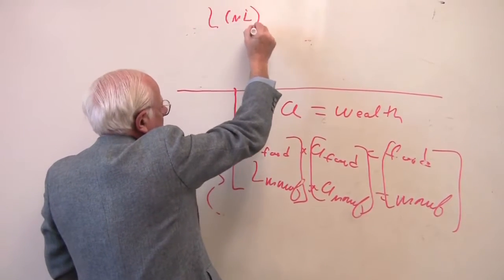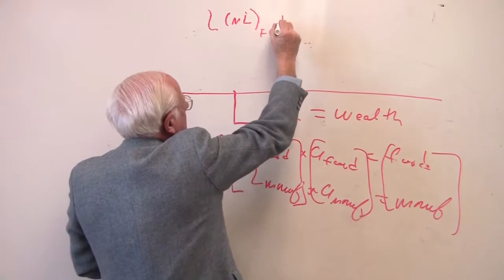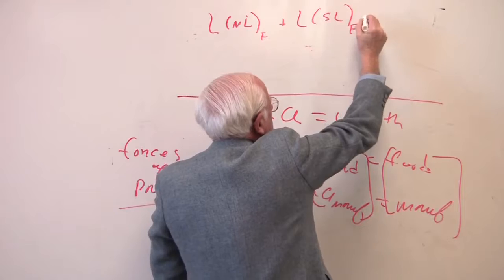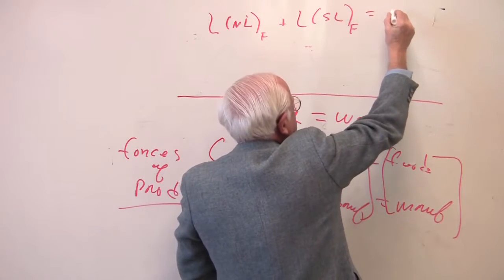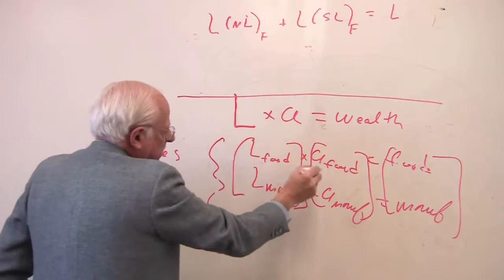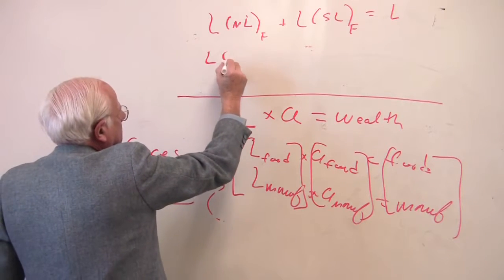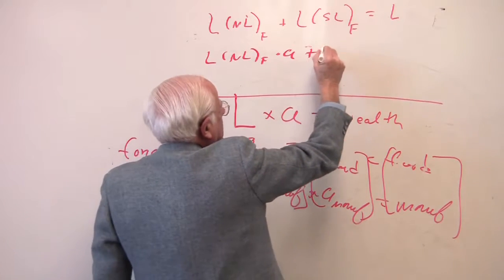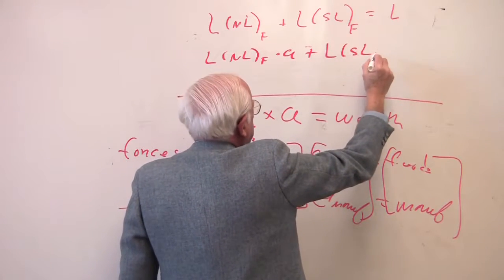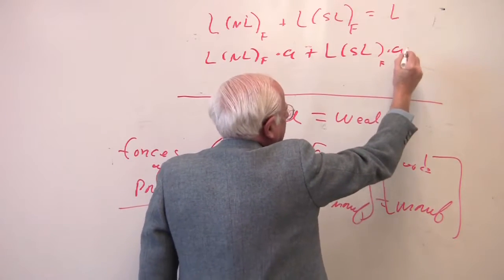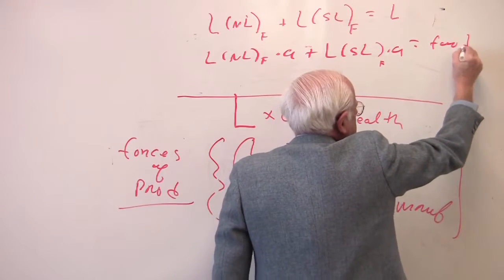Necessary labor in food production plus surplus labor in food production, okay? And that's the total labor performed. So in terms of this equation, it would be necessary labor in food production times its productivity, plus surplus labor performed times its productivity in food production, and that would give us the total food in society.